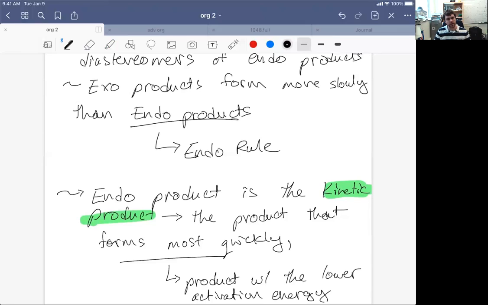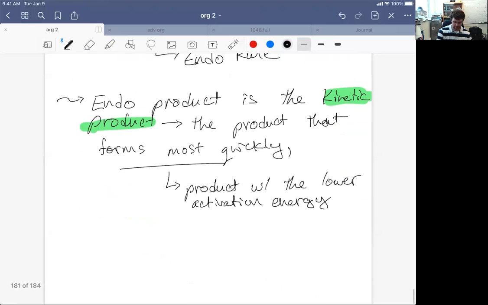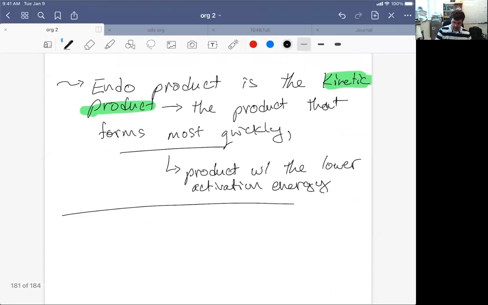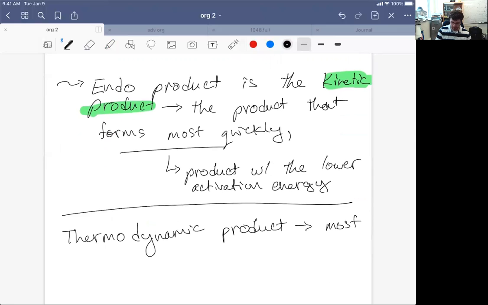Now what's unusual, and I have to emphasize unusual and uncommon, is that we could also describe the thermodynamic product of a reaction, but in the Diels-Alder reaction, it's typically the case that the kinetic product and the thermodynamic product are not the same. Let's go into this. The thermodynamic product is the most stable product that could form in a reaction.